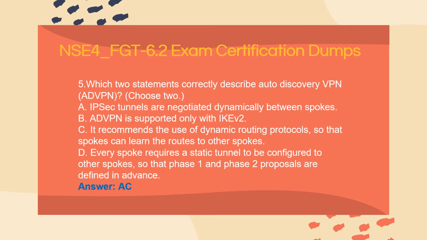5. Which two statements correctly describe Auto-Discovery VPN, ADVPN? Choose 2. A. IPsec tunnels are negotiated dynamically between spokes. B. ADVPN is supported only with IKEv2. C. It recommends the use of dynamic routing protocols, so that spokes can learn the routes to other spokes.